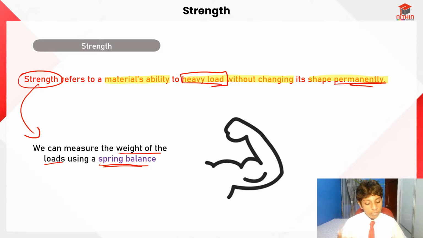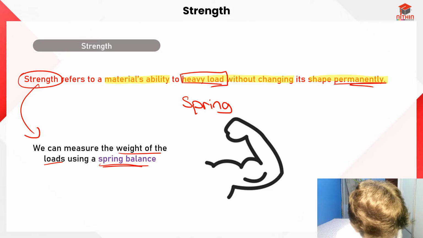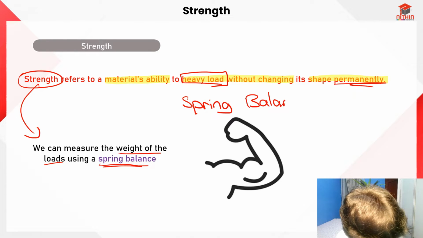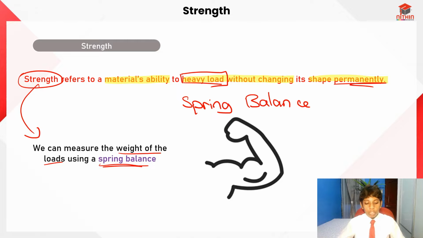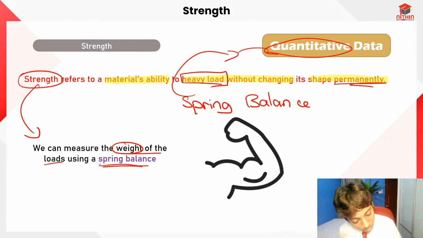There's this specific instrument we use, which is the spring balance. So we are using an instrument here to collect the data that we need, the weight of the loads. What kind of data are we collecting here? We are collecting quantitative data again because of this word over here, spring balance. So this is strength, and I hope you understood this physical property of materials.